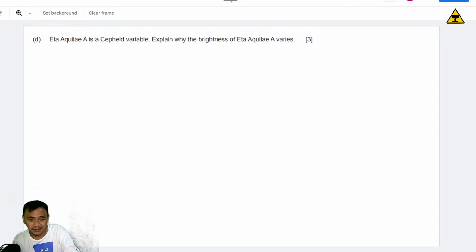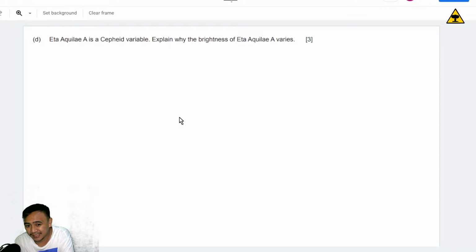Okay, I'm going to look at the mark scheme to see how many marks you'd get. A Cepheid variable has a varying brightness variation, but the brightness is always going to be the same. No, not quite. Well, you got 1 mark, just so you know, depending on the period.